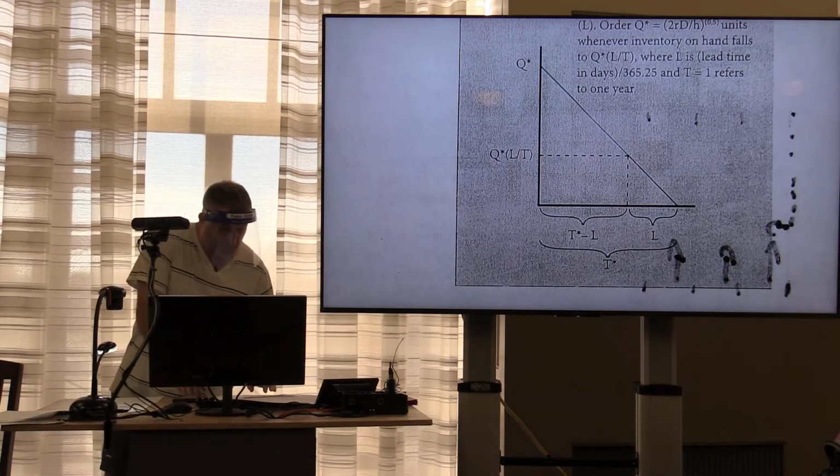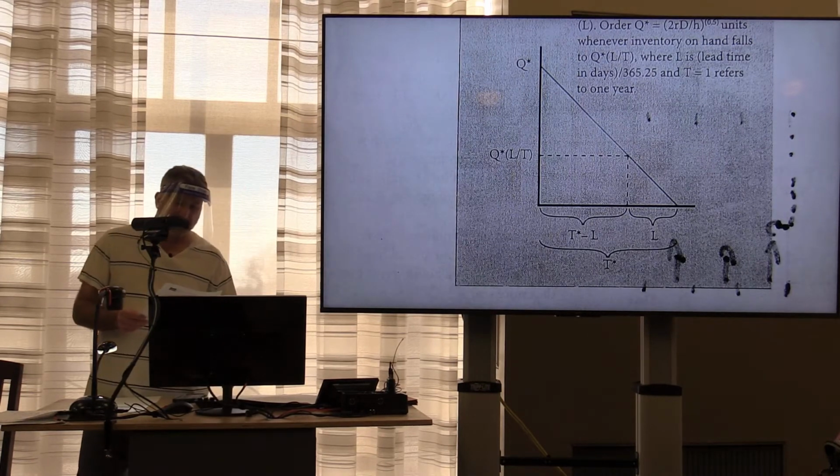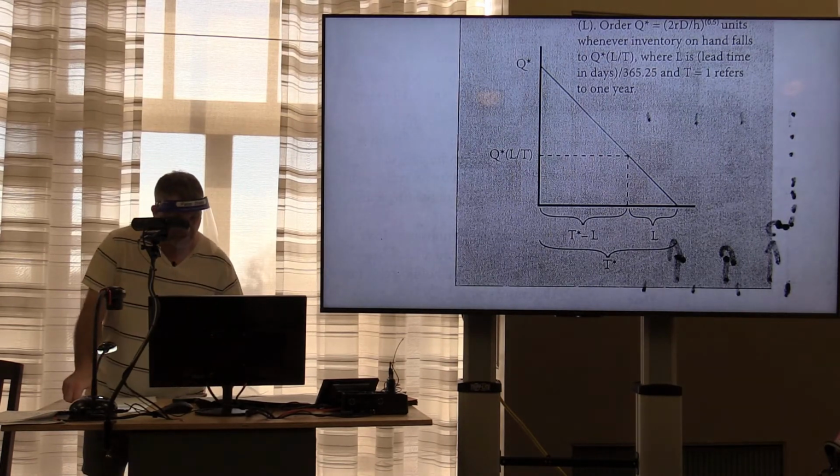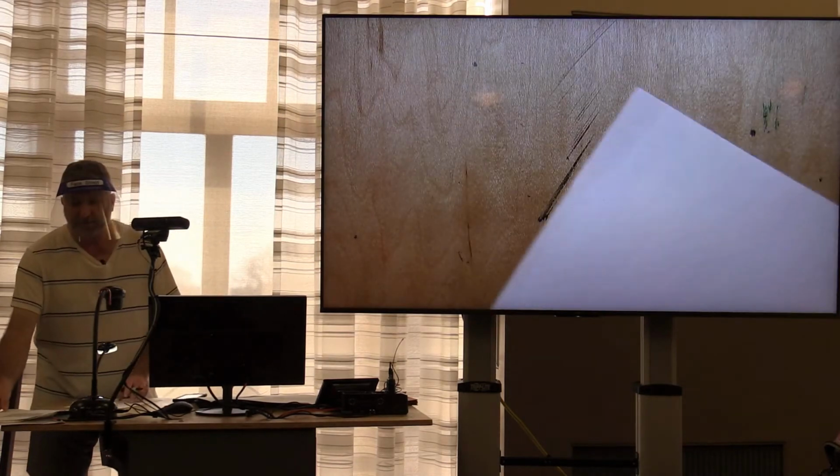We're going back to the worksheet. We just did number 10 on the worksheet. Now we're doing number 11 and 12, and they take number 10 and just adjust it for lead time.